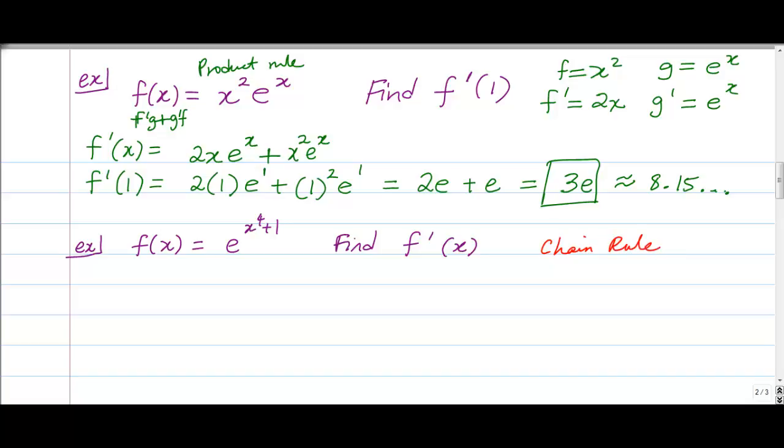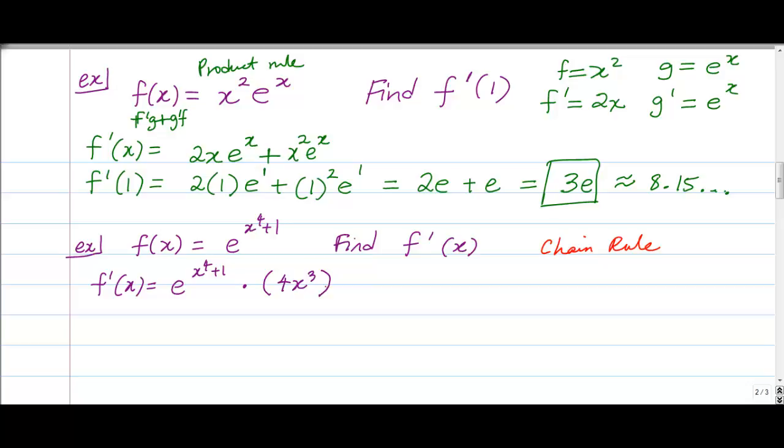Okay. So what is the derivative of e to the something? It's e to the something. The derivative of e to the x is e to the x, so the derivative of e to the something is e to the something, times the derivative of the inside. So the derivative of the inside is 4x cubed.